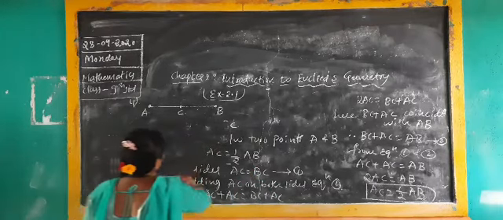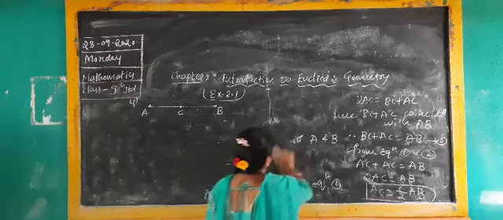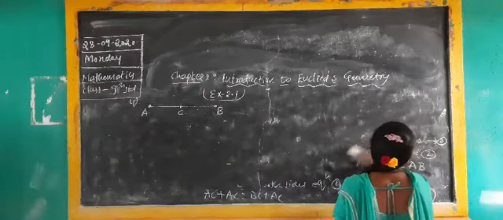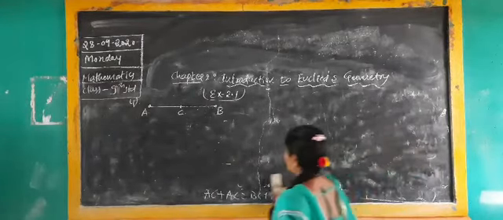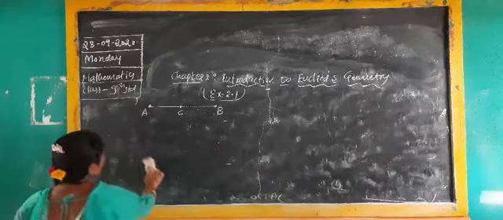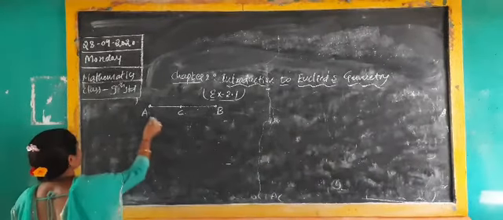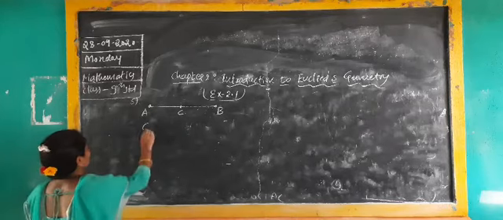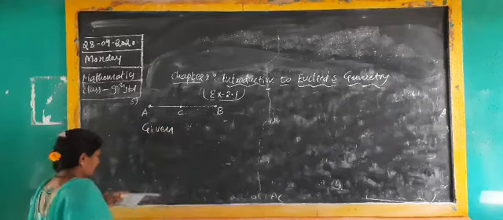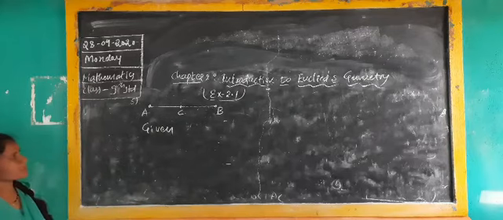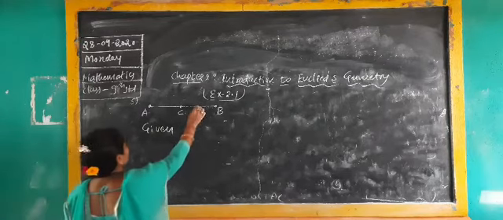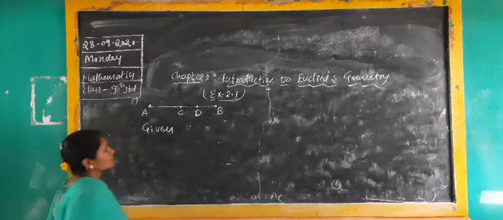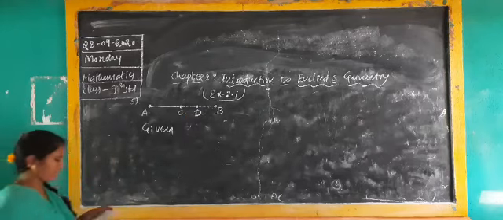Take the same diagram. First you have to write what they are given. Here they are saying C is the midpoint, but I will take another one, and you have to prove there is only one midpoint of a straight line.